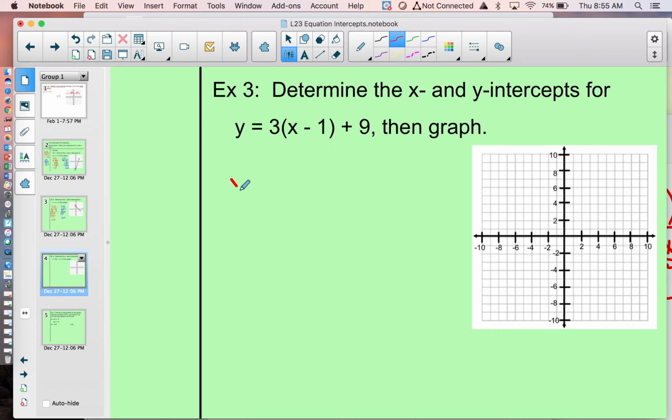We're going to find the x-intercept. We're going to find the y-intercept. And I'm going to put them down right here. And I've got them down, and now all we need to do is solve for them.